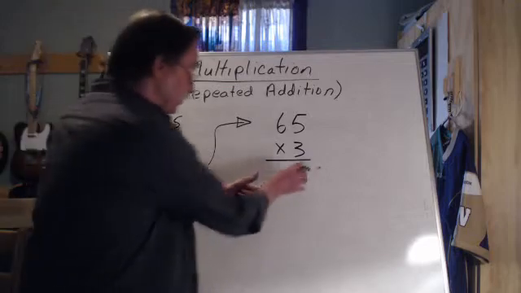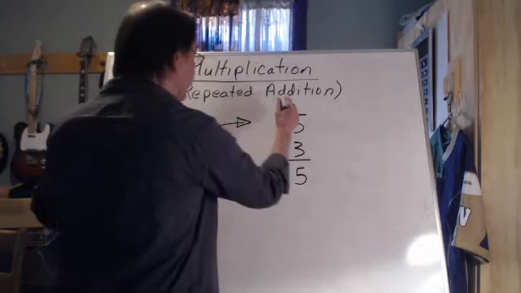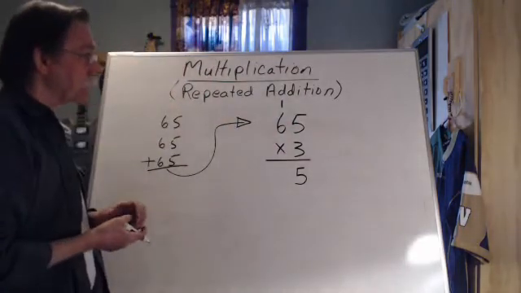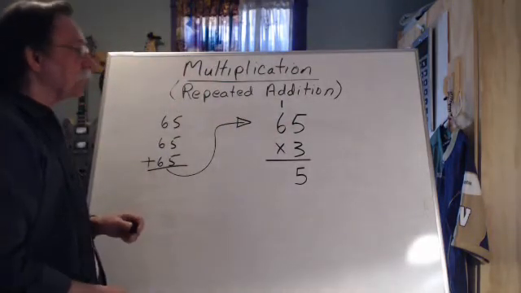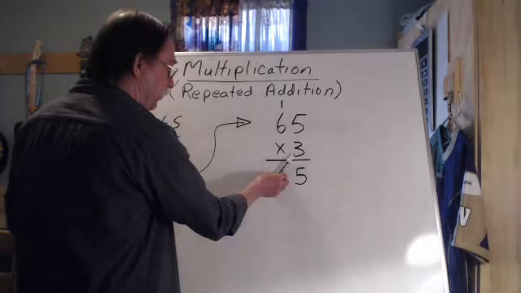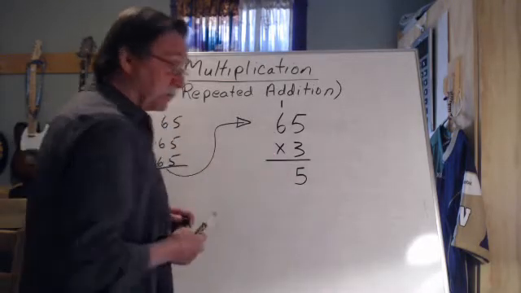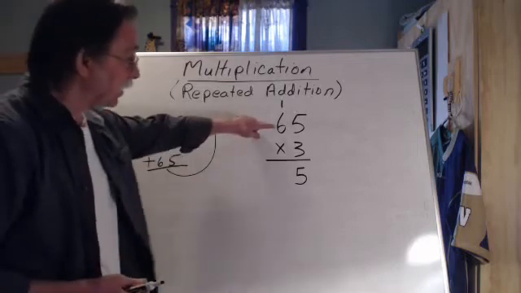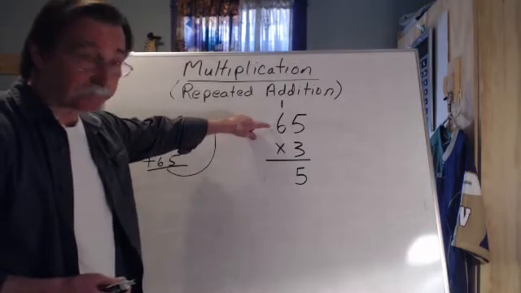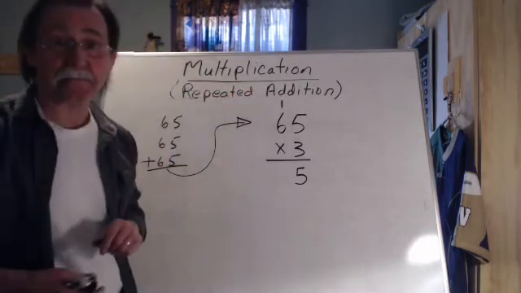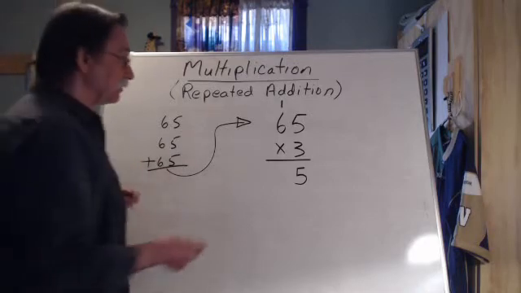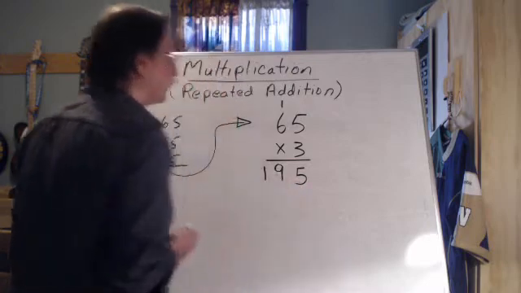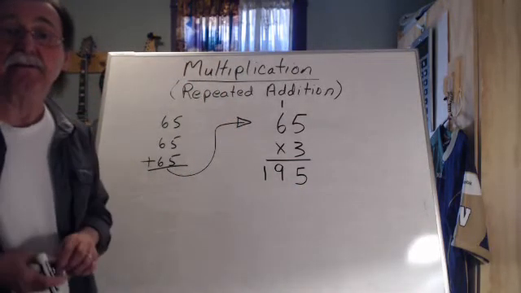So we're going to carry that. Now we go 3 times 6. 3 times 6 is 18. Plus the 1 makes 19. So the answer is 195.